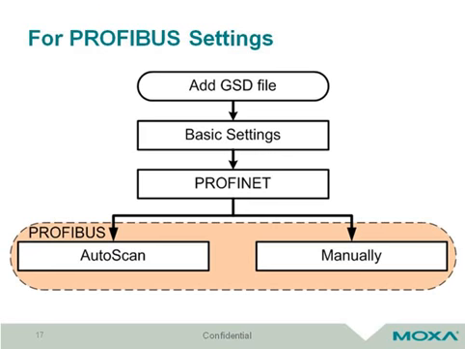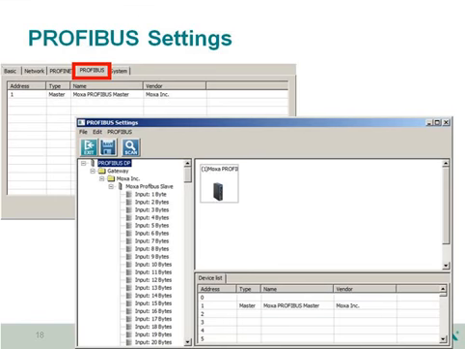For PROFIBUS settings, there are two ways. One is using the AutoScan function. The other is in the menu. For PROFIBUS settings, please select PROFIBUS and double-click PROFIBUS master. After that, you will see the same screenshot as on the page.